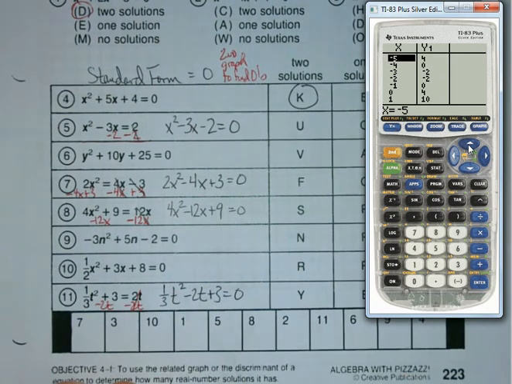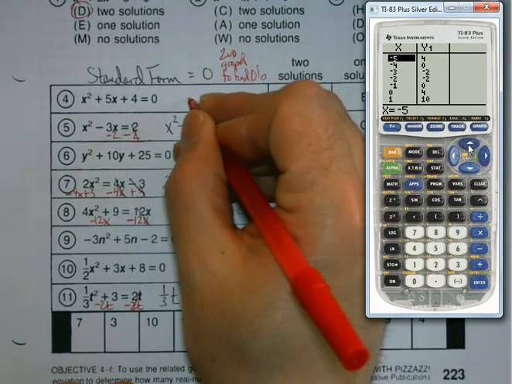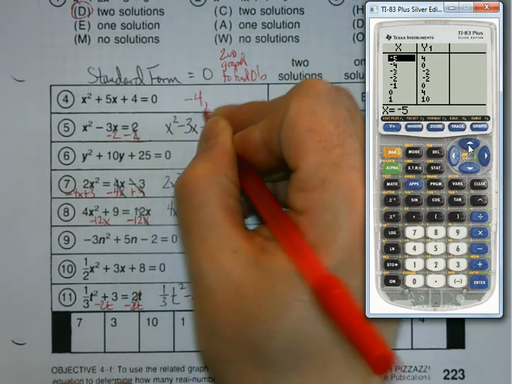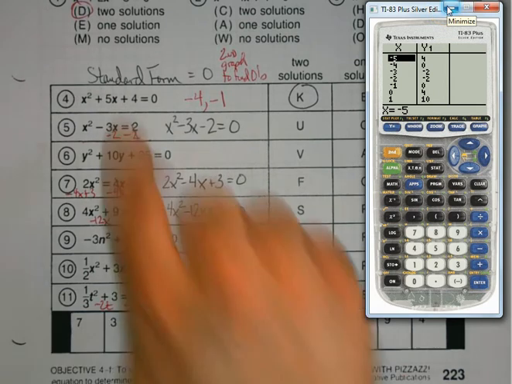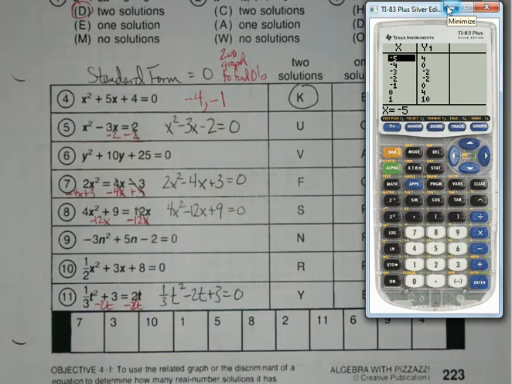And in this case, my zeros, or my answers, would be at -4 and -1, because that's where the y values equal 0. And I can do that on any of these. Could I have graphed that on my own? Sure, I could have found my vertex and graphed that on my own. But I'm a big fan of using the technology when I can.